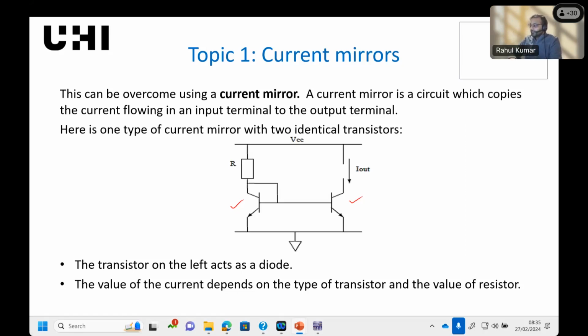The input current is coming from this VCC supply. So input current is coming from this supply voltage VCC, and it's going through this resistor R. This resistor R is fixed. It has a fixed value.